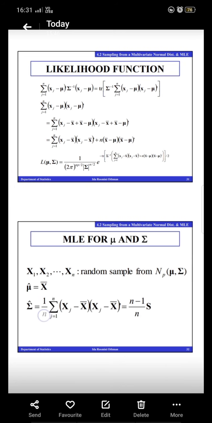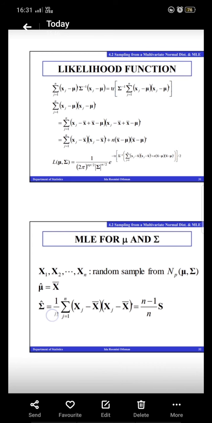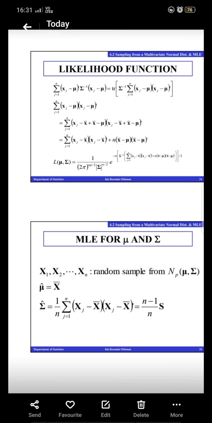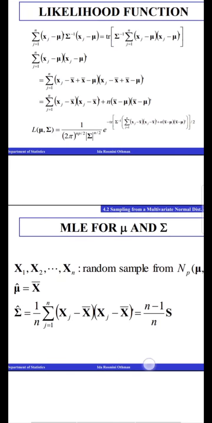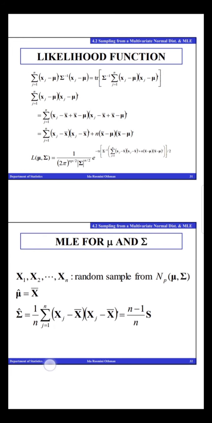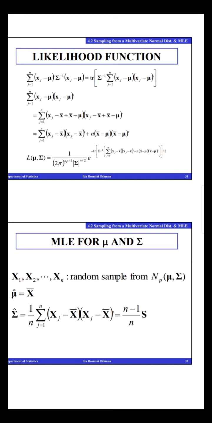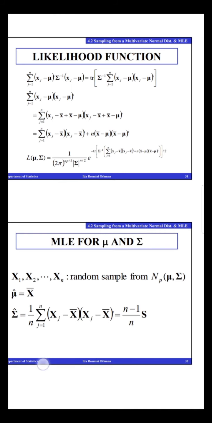Our intention for this topic is to use the maximum likelihood method to find the estimates of the mean and the big sigma variance covariance matrix, because we want to replace the values of the parameters, the mean vector mu and the variance covariance matrix big sigma.